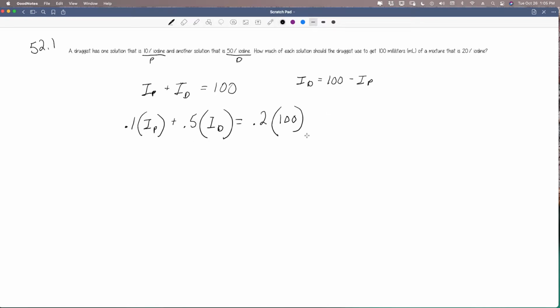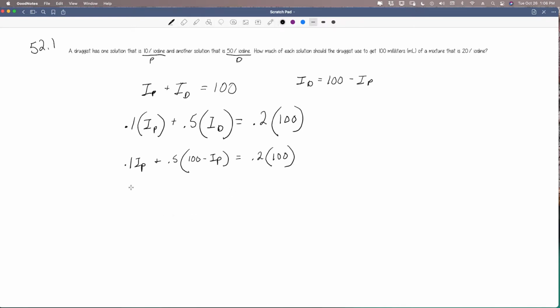So now we have something we can sub. So 0.1 of the iodine poured plus 0.5 times 100 minus the iodine that was poured equals 0.2 times 100 milliliters.